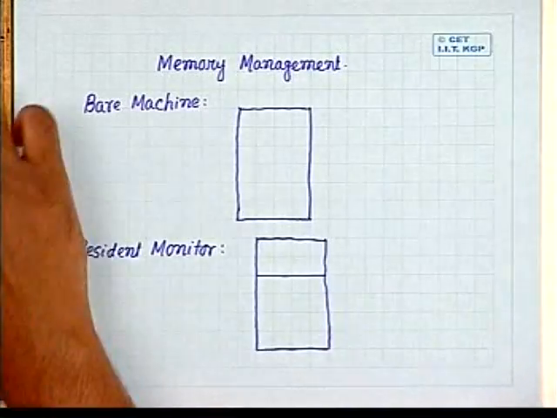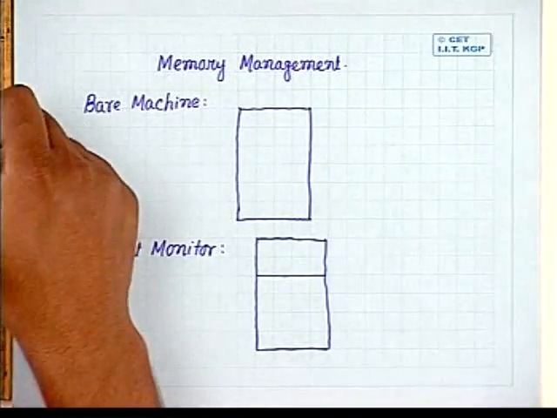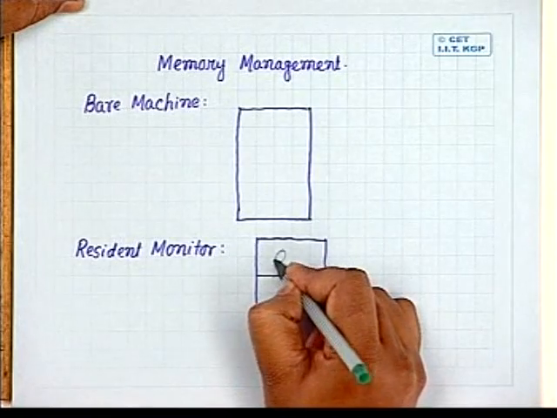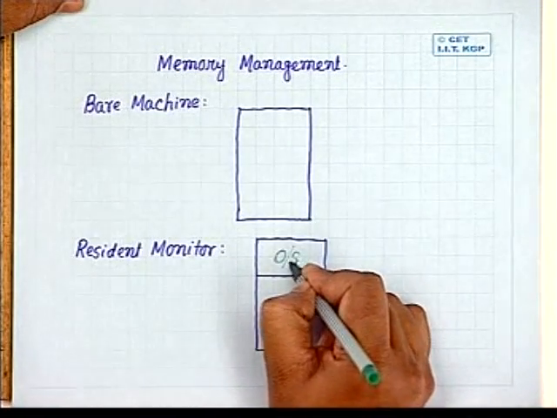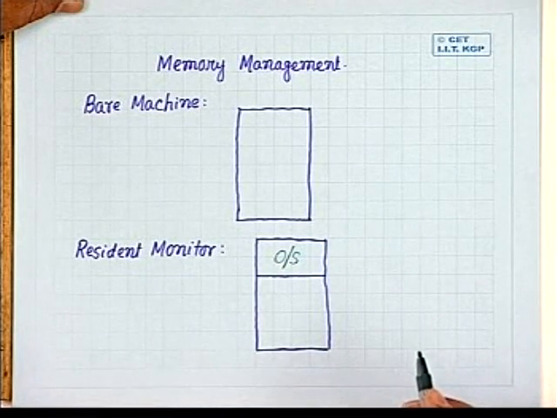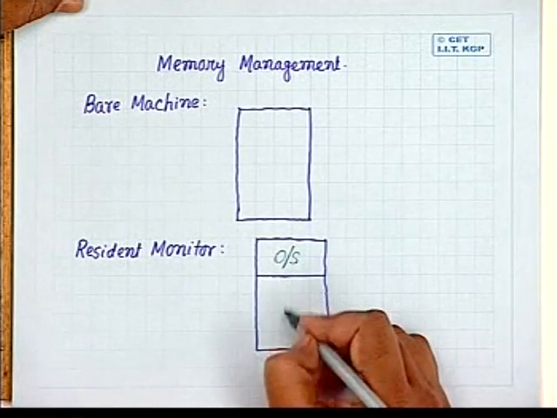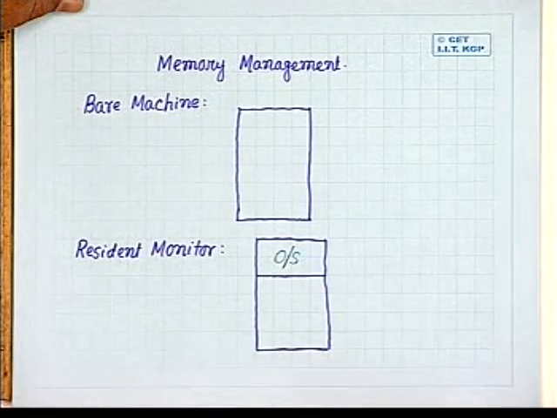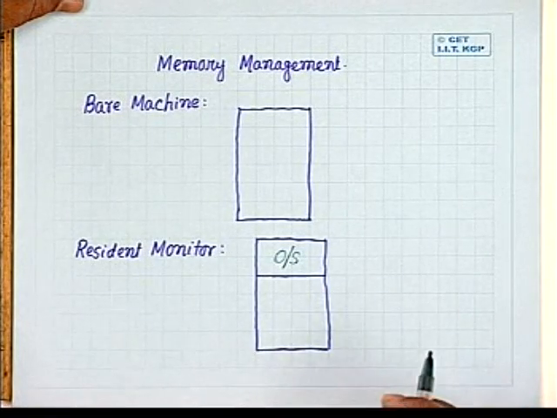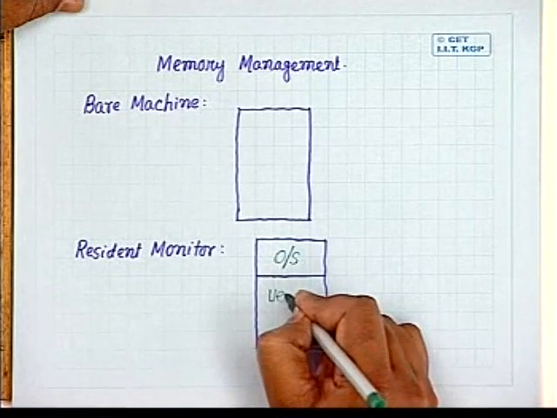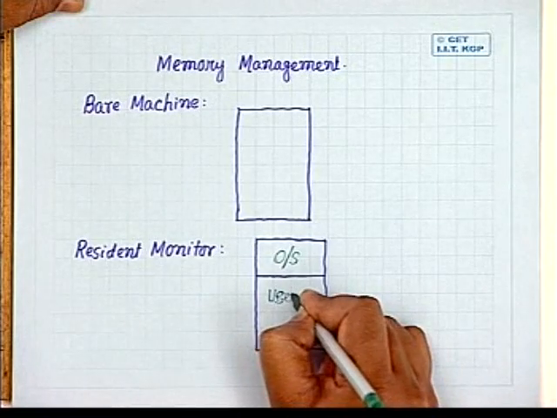One part is always used by the operating system or the monitor part of the operating system, and this portion of the memory is never available to the user program. The remaining part of the memory is given to the user for loading the user's program as well as the user's data. So this part of the memory we can call the user area.